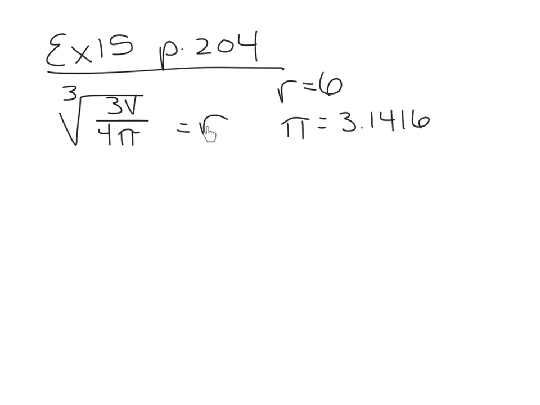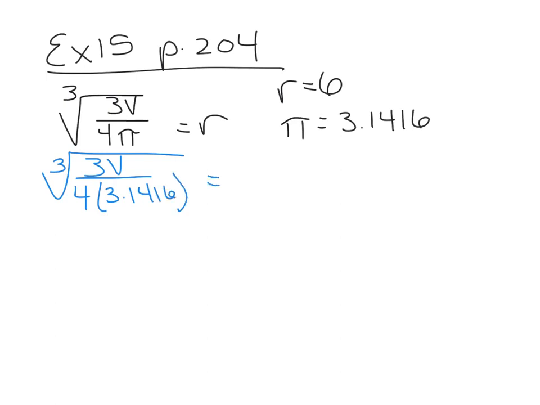We're going to take our information, we're going to put it into the formula, and then we're going to isolate the V. The directions say find the volume. So we're going to isolate the V. All right. So 3v, I don't know anything about that v. I do know that pi is 3.1416, and I know that r is 6.